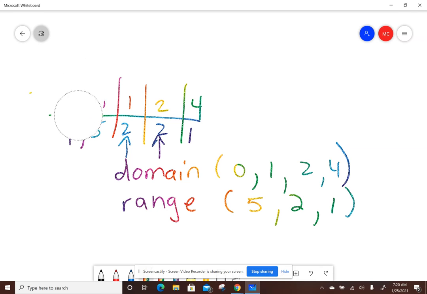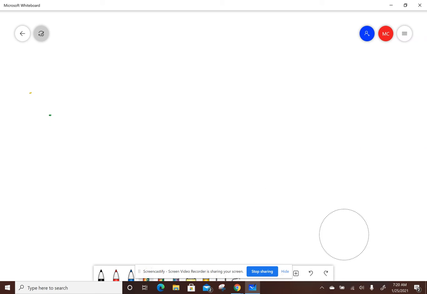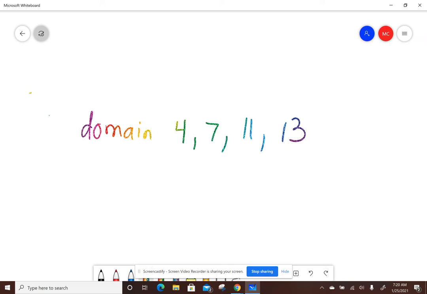So when you list your domain and range, you only list the number once. Okay? So look at the next function they give you and list the domain and range. Hopefully you said domain is 4, 7, 11, and 13, and the range is 10, 35, and 45. I didn't repeat 10. I only list it once.